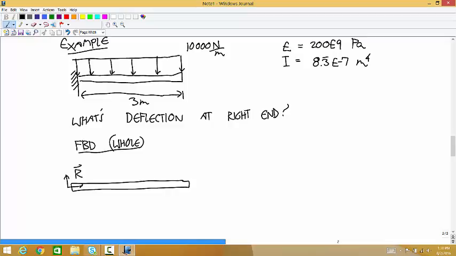So there's a force vector R, there's a couple MR, and then now that we've chosen what to isolate, we can represent that distributed load as a point force. It's a total force of 30,000 newtons acting at the midpoint.